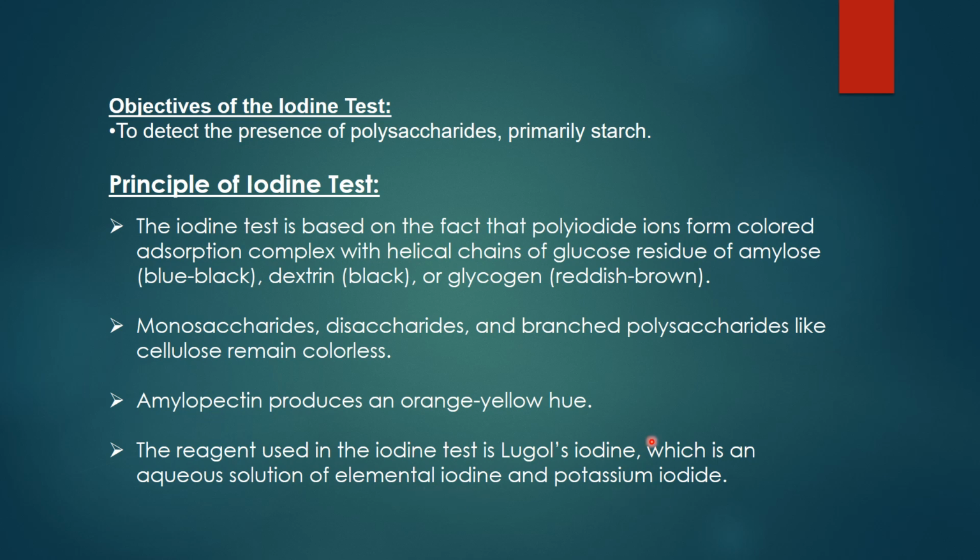These then slip into the helical chains of the polysaccharide and absorb the light to give a certain color. But at first the reaction is between the elemental iodine and potassium iodide, and then with the helical chains of the polysaccharides.